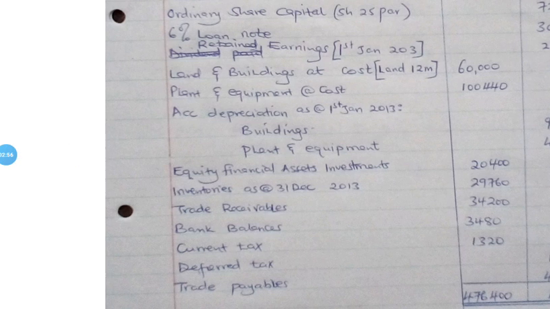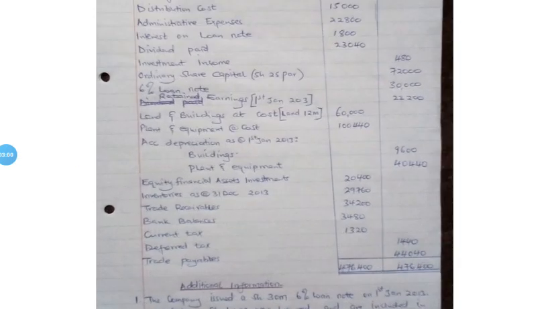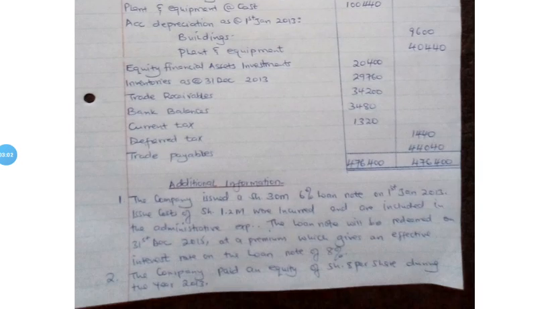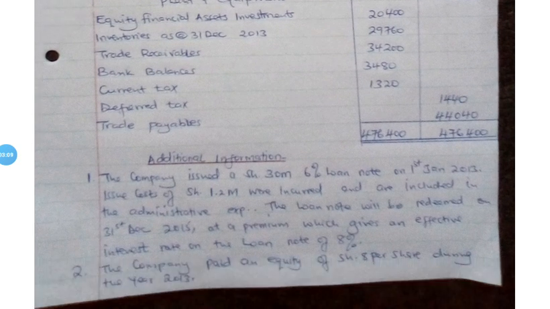So we go to additional information number 1. The company issued a shilling 30 million 6% loan note on 1st January 2013.